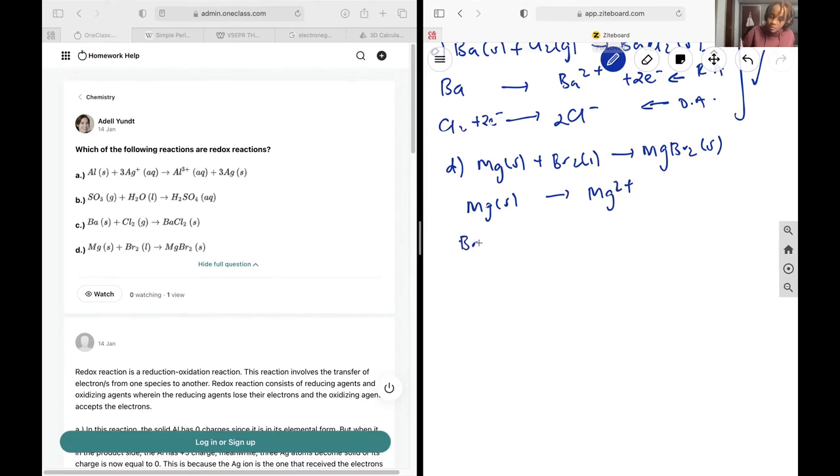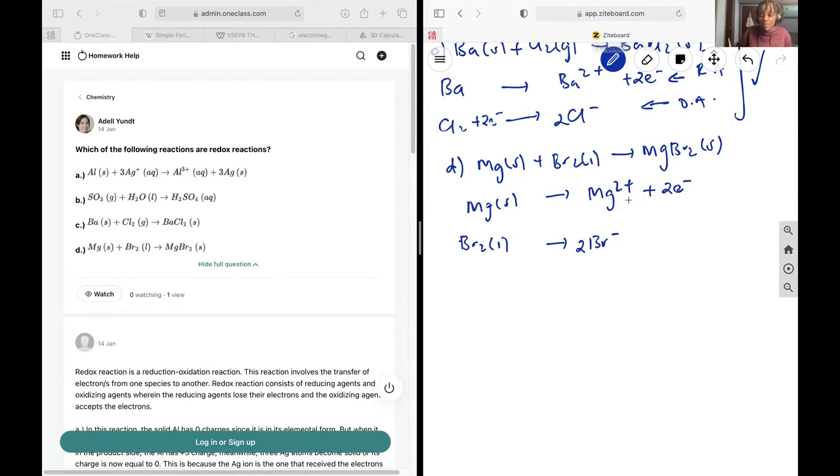And I am going from Br2 to Br-. And so if I want to balance out the charges on both sides, I'll add 2 electrons.